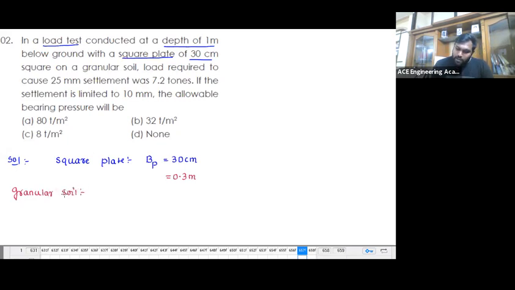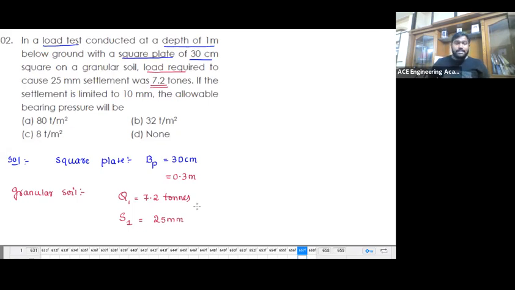The load required to cause a settlement of 25 mm was 7.2 tons. So whatever the load required is nothing but 7.2 tons to attain a settlement of 25 mm.